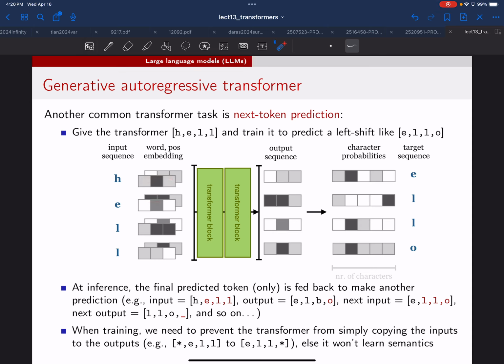We're training the transformer to predict a left shift of the input. So if the input is HELL, we are predicting it to make the word hello. It shifts these left, this one falls off, and then we say predict the O.